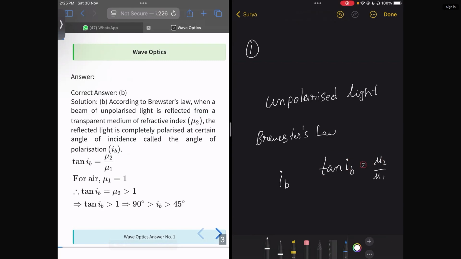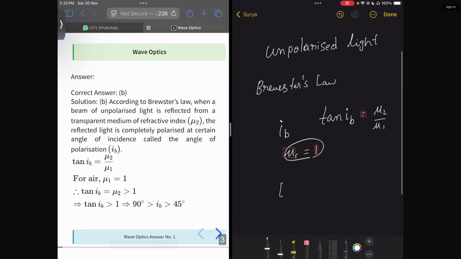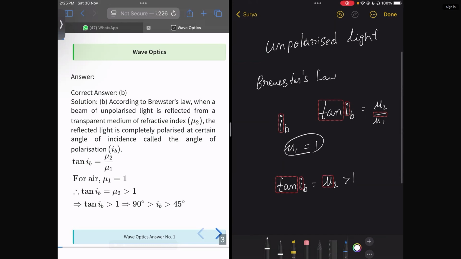For air, mu1 is equal to 1. So tan iB is equal to mu2, which is greater than 1. How are we saying it is greater than 1? Because the light is going into a transparent medium of refractive index mu2, so mu2 should be greater than 1.